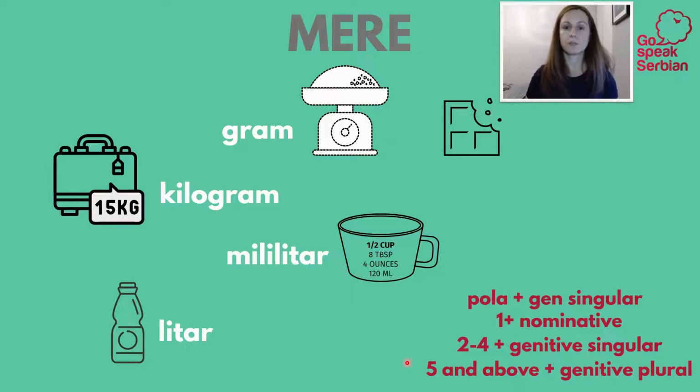But if I want to say I drank 5 glasses of water, then I would say popila sam 5 čaša vode. After number 5 I would use genitive plural, 5 čaša. After number 2 I would use genitive singular, 2 čaše. Čaša is a feminine noun, so in genitive singular it has the ending e. In genitive plural, feminine nouns have the ending a.